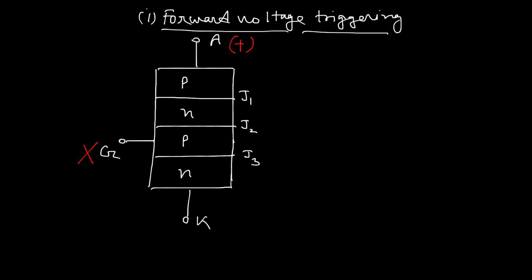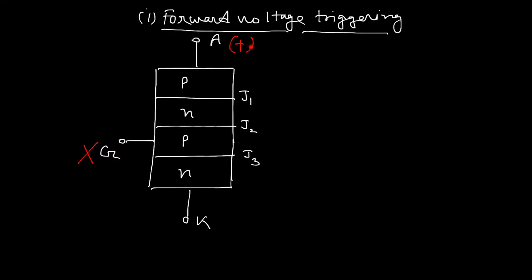Okay, suppose we increase the biasing voltage to a higher value, then the depletion layer of junction J2 will decrease and it provides more leakage current. That means it will provide a little anode current, a very negligible amount.